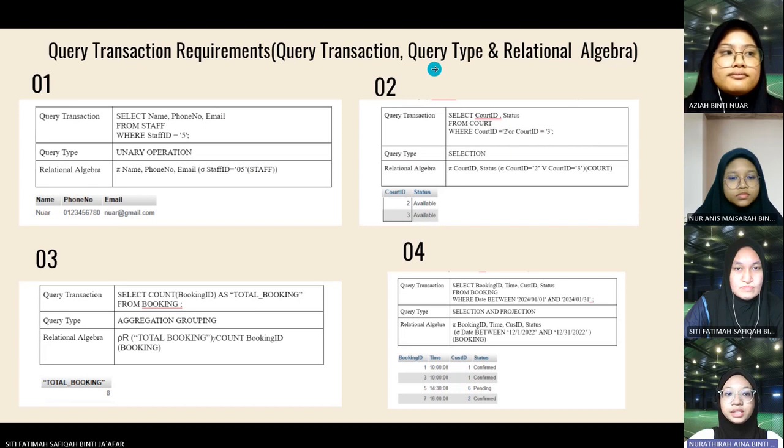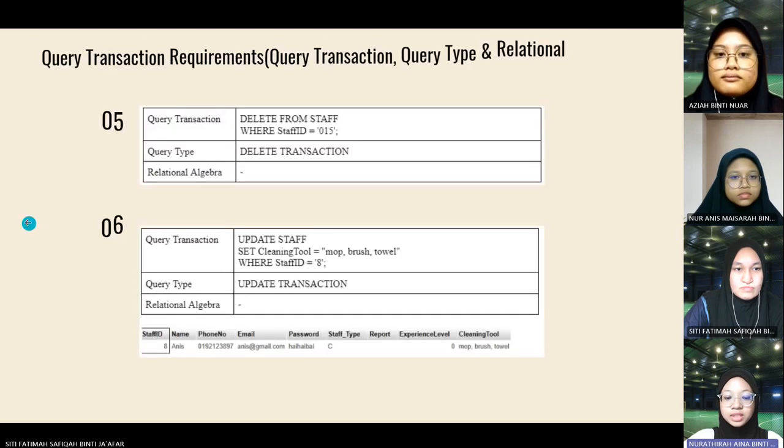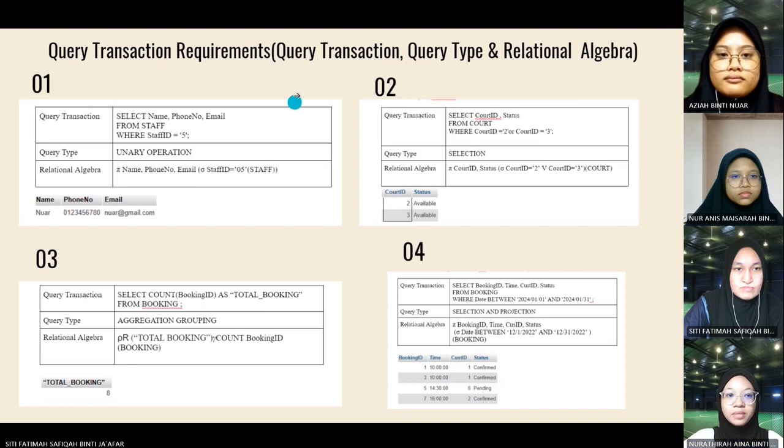For query transaction requirements, these are 6 examples of query transactions that we do in our system. First, the first transaction is to list the staff name, number, phone, and email of selected staff. Number 2 is to list court ID and status of court for a selected court. Number 3 is to count the total of bookings.